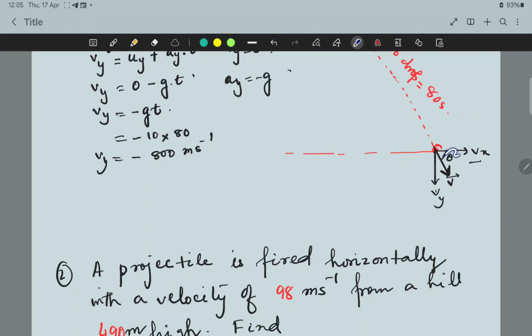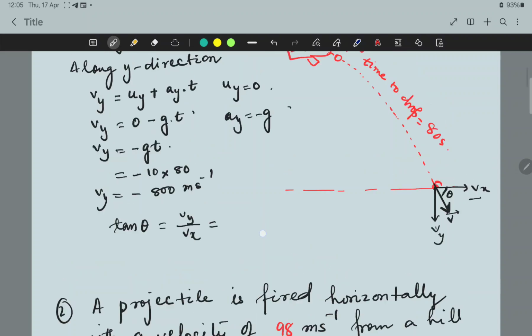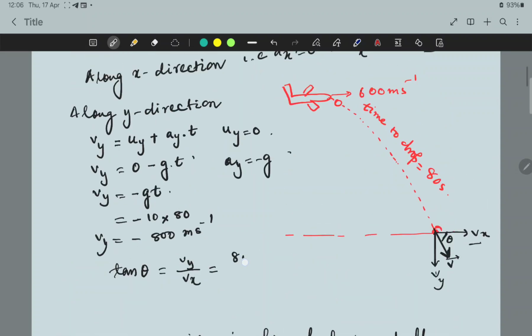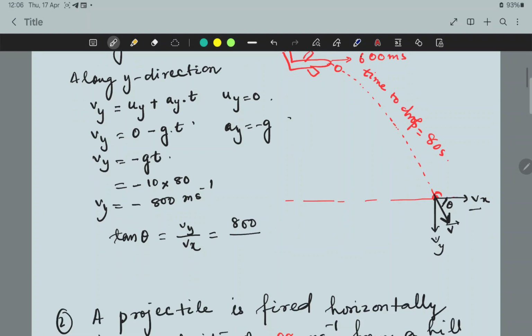Now see, if you see the diagram here, V is making an angle theta with the horizontal. So tan theta will be given by Vy by Vx. So let's put the values. Vy we got 800 and Vx is 600.